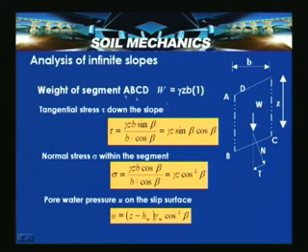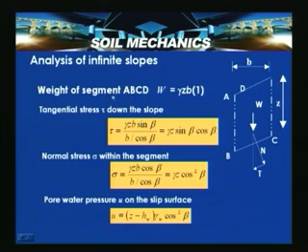Now, let us look into the weight of the segment ABCD. W is the weight of the segment ABCD, gamma is the unit weight, z is the depth, b is the horizontal width, and 1 is the unit length per meter of the section under consideration.